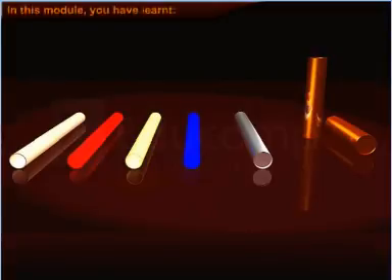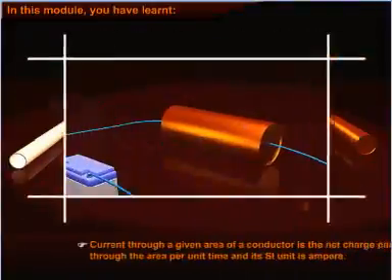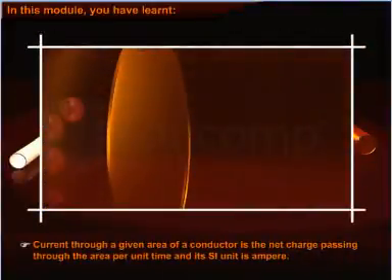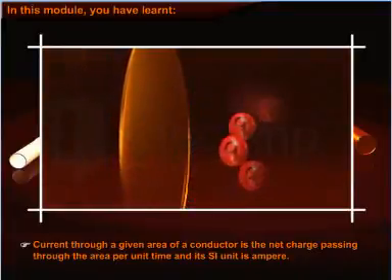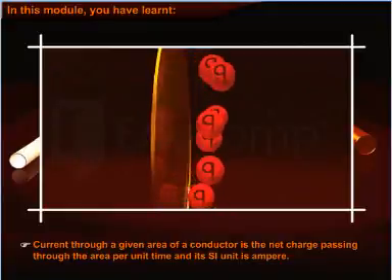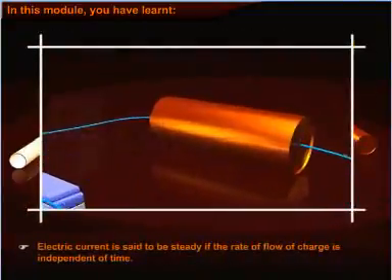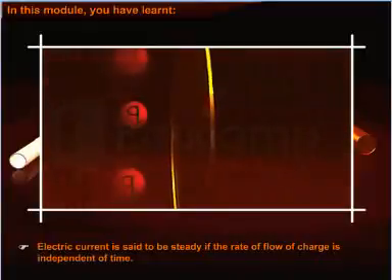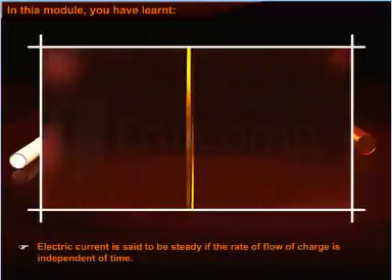In this module you have learned, current through a given area of a conductor is the net charge passing through the area per unit time, and its SI unit is ampere. Electric current is said to be steady if the rate of flow of charge is independent of time.